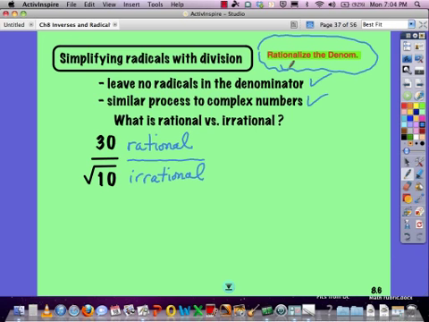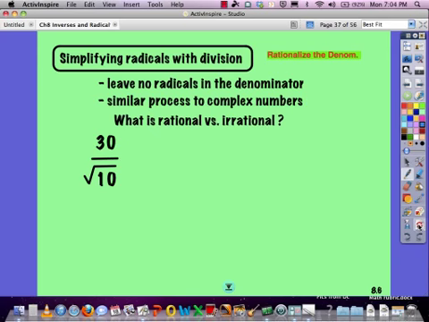So think real carefully. I'm going to get rid of a few of those things because we need to work next to it. What could we multiply a radical 10 by just by itself to make it a whole number we could work with, not a radical? Most of you are thinking of the idea, let's multiply by radical 10.